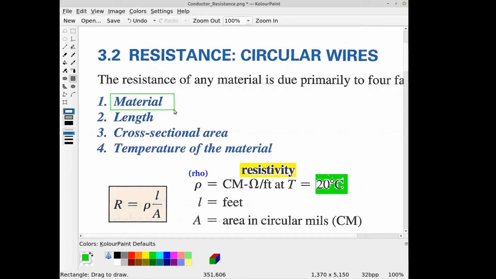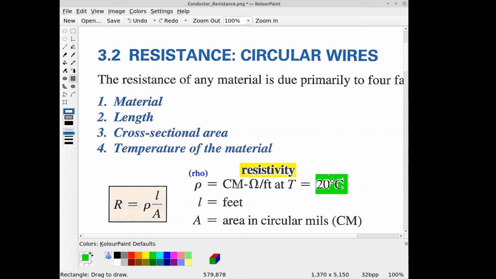The type of material will determine to a large degree what the resistivity will be. Here we have the Greek symbol rho, which is used to represent the resistivity of the given type of material.